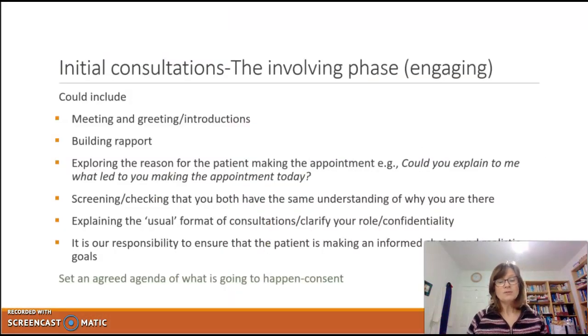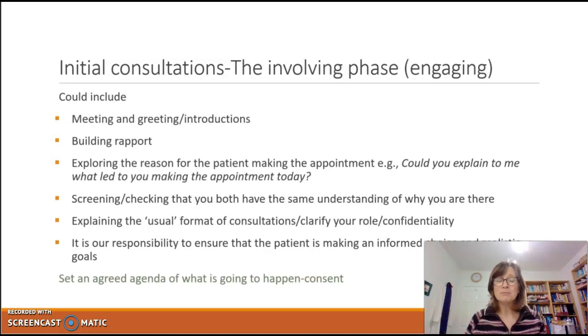So often in a lot of areas of medicine, and in motivational interviewing as well, this beginning phase is called involving or engaging. And some of this is going to seem very familiar to you. So we have your meetings and greetings and introductions, making sure that your patient knows who you are, and that you know who they are, and you've got the right patient, all of those kinds of things.